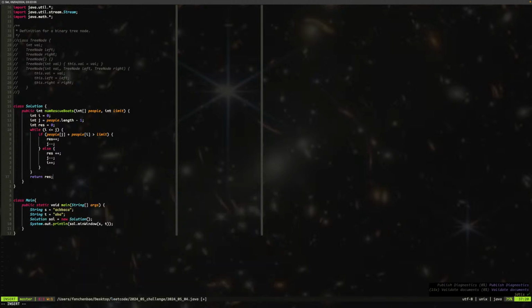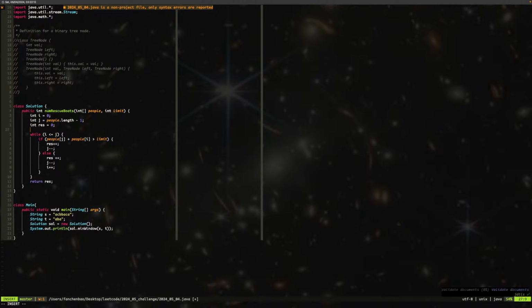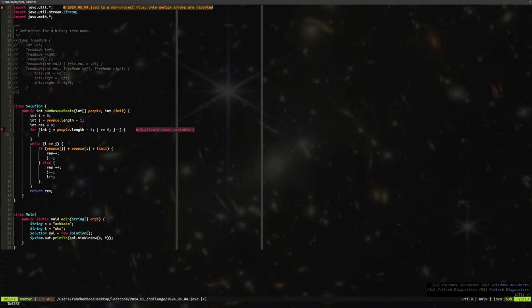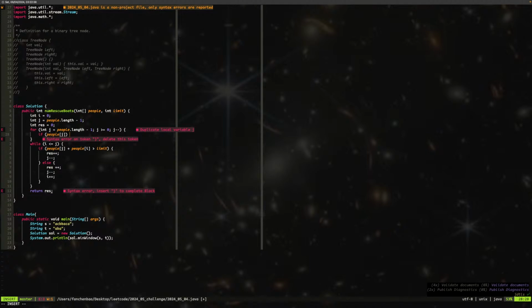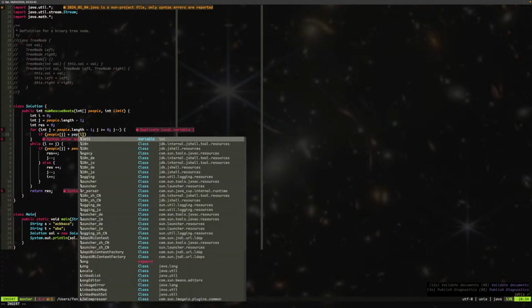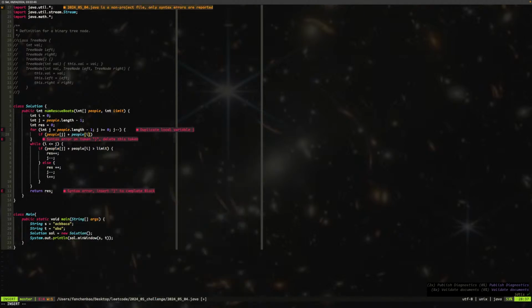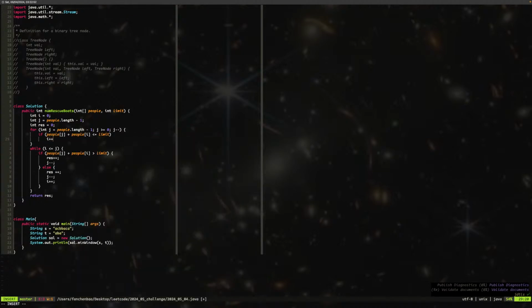So basically what we can do is for int j equal to people length minus one, basically say if people j plus people i is smaller or equal to limit, then i plus plus.